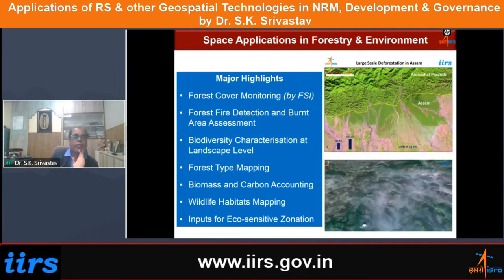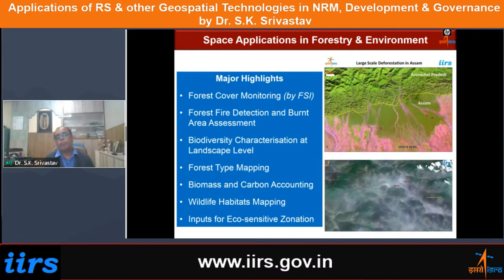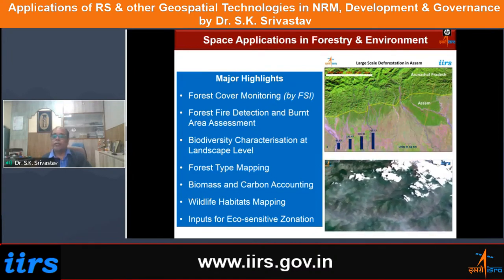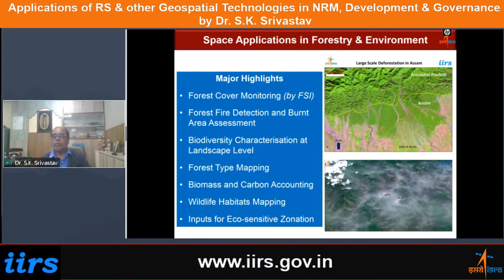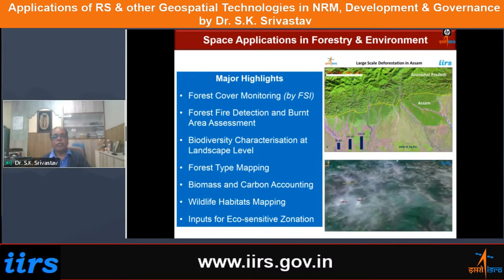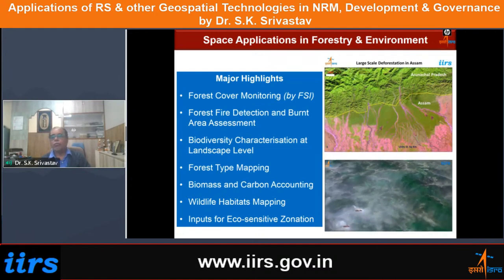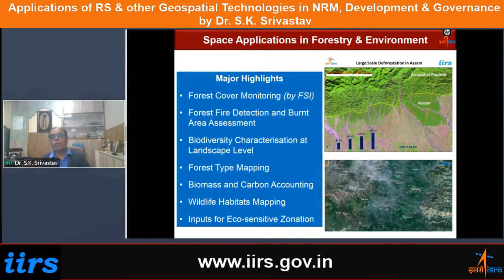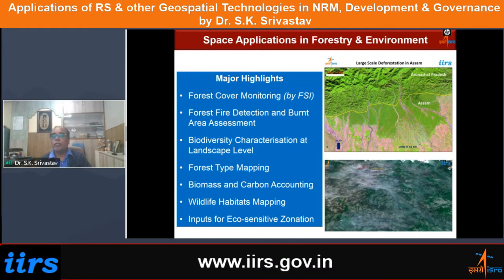Then another major program which was taken up was on biodiversity characterization. For the entire country, biodiversity characterization has been done at landscape level at 50,000 scale. The most important output under this program is the biological richness map.